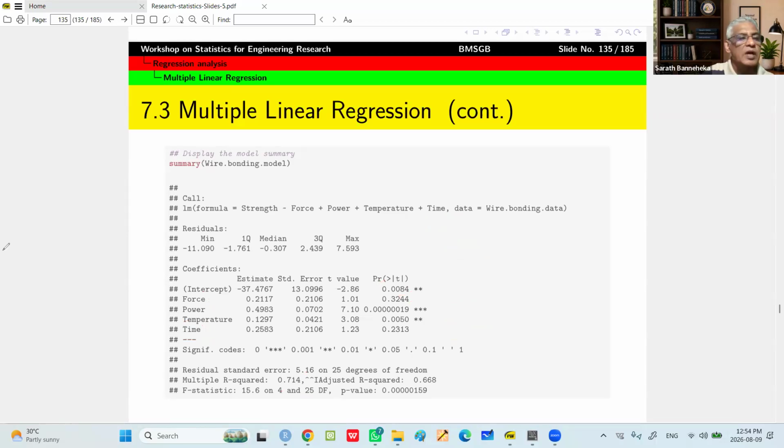Remember, at this point, I am assuming that the model assumptions are reasonable. Otherwise, I cannot actually interpret any of these p-values. If the model assumptions are not reasonable, any of these p-values will not be meaningful. But at this preliminary level, I'm assuming that model assumptions are okay. Once I come to a reasonable, acceptable model, I will check whether the model assumptions are reasonable using residual analysis. It's not usually done at each fit.